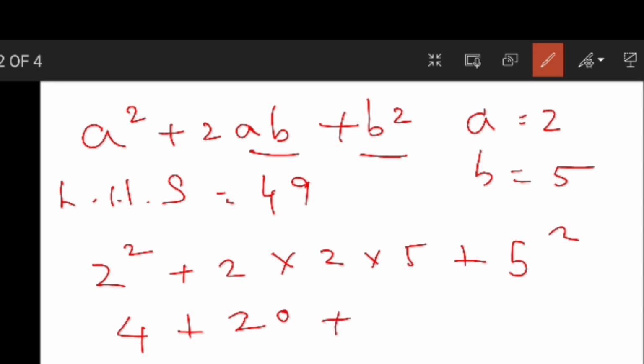So plus 5 squared is 25. So I'll get 20 plus 25, 45, plus 4 is 49, which is RHS. Okay, so now I am getting LHS equal to RHS. So it fulfills the identity property.